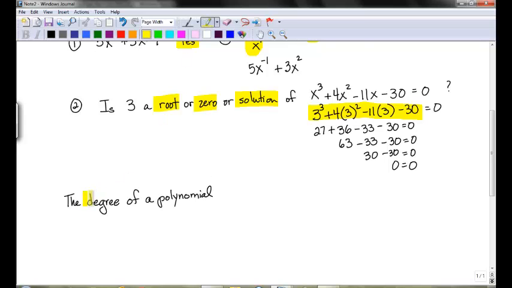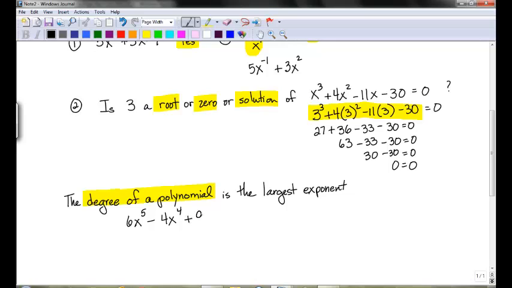The term degree, in this one we're looking at the degree of a polynomial, is the largest exponent. They may not write them in order. Usually we try to write them in descending order of the exponents, so you always want to check and make sure they are in descending order.